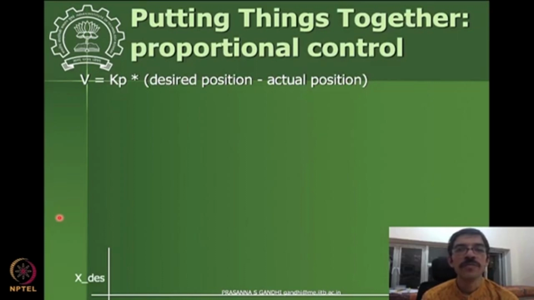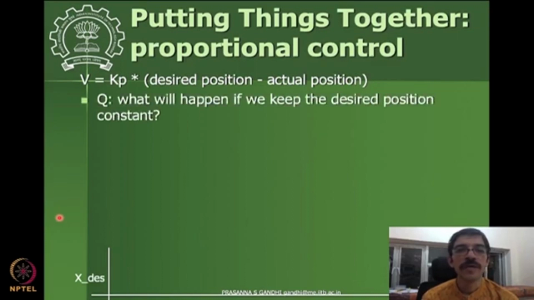Now we'll see this control feedback. What will happen if we keep the desired position constant? Imagine the program starts running in the interrupt service routine. You read the direction, you read the actual position, and your desired position is constant, and then the actual position will start getting controlled to the desired position value in some way.